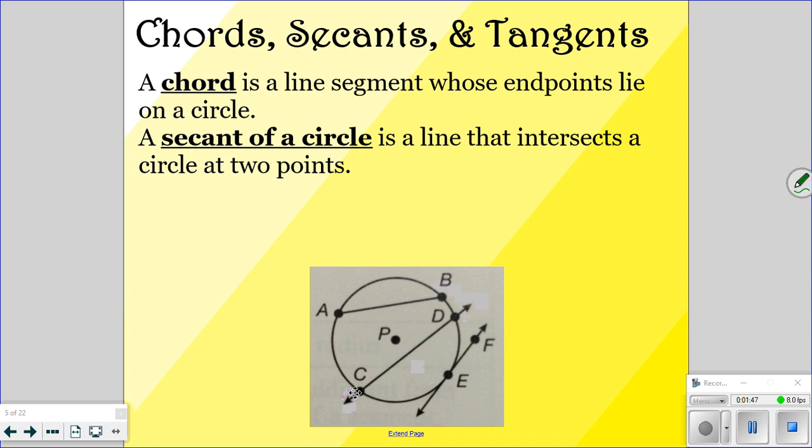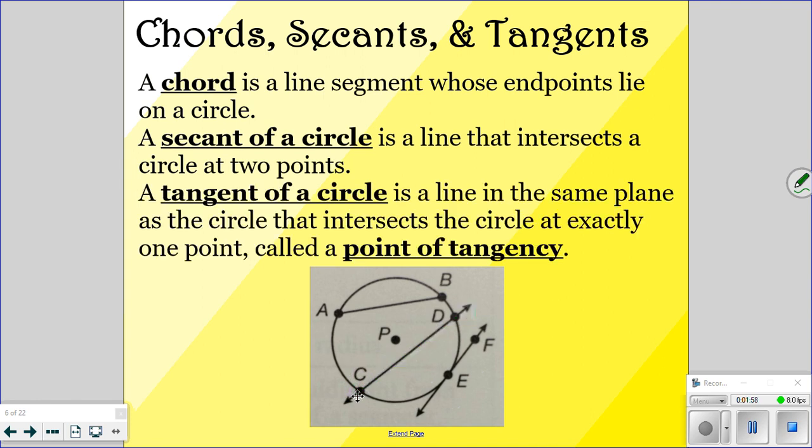So CD is a secant because it's a line that crosses the circle at 2 spots. And then a tangent is going to be in the same plane as the circle, and it only intersects the circle at 1 point. So this is our line that is tangent, line FE, and it is tangent at this point here. So E is the point of tangency.